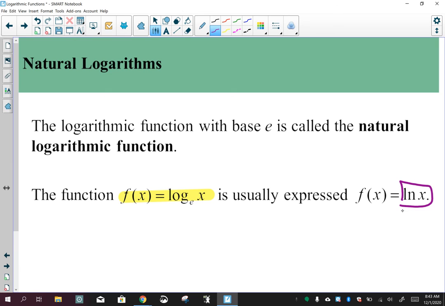When we write ln, we know that we are talking about something in terms of a base e. So to represent e, it has its own little log function called natural log. When we see natural log of x, it's implied that's really log base e of x.